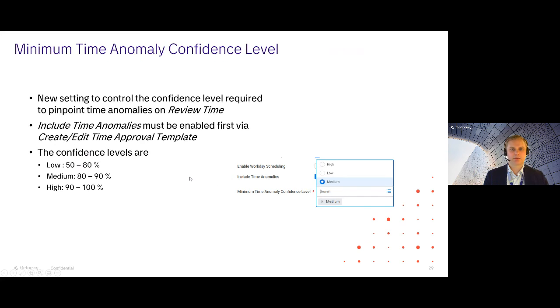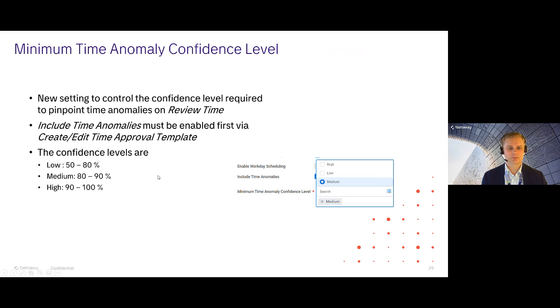Minimum time anomaly confidence level. So this is kind of a machine learning, artificial intelligence based feature where the time tracking module checks whether some entry seems a bit off based on what the employee has usually done, and then it can flag this.